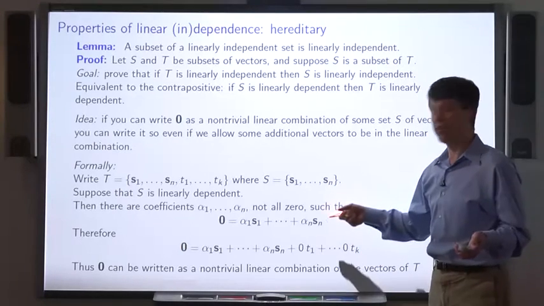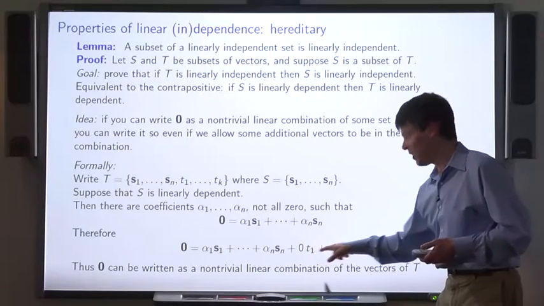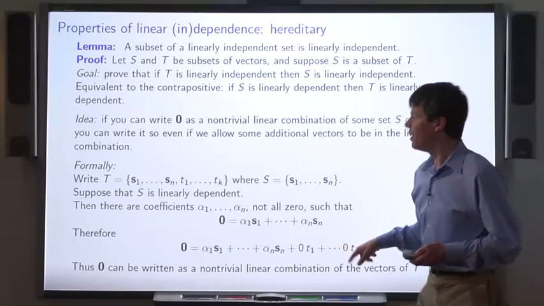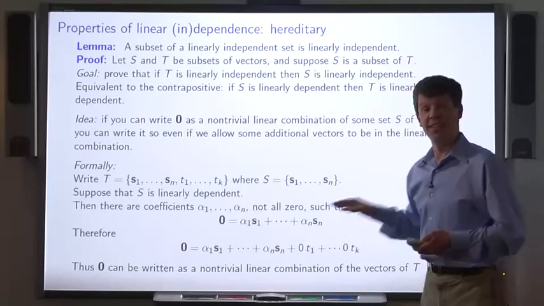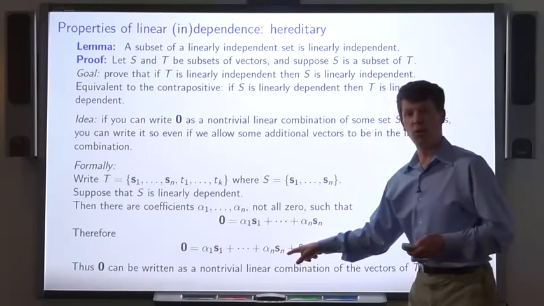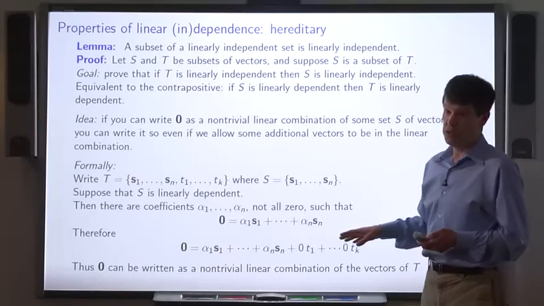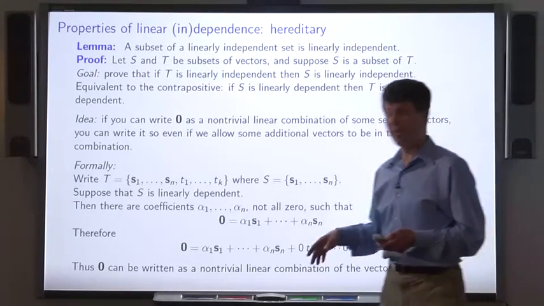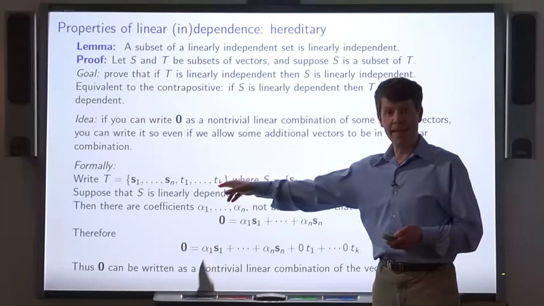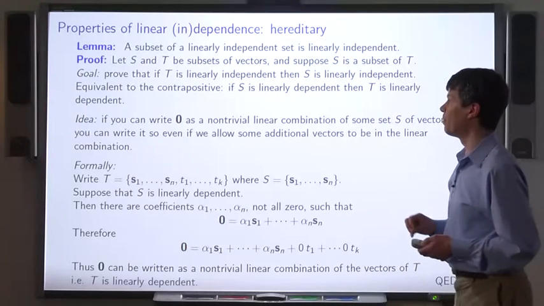The same linear combination, together with 0 coefficients on the additional vectors, still gives us the 0 vector, and it's still a non-trivial linear combination because at least one of the alpha 1 through alpha n is non-zero. Well, that shows that the set of vectors in big T is linearly dependent, and that proves the lemma.